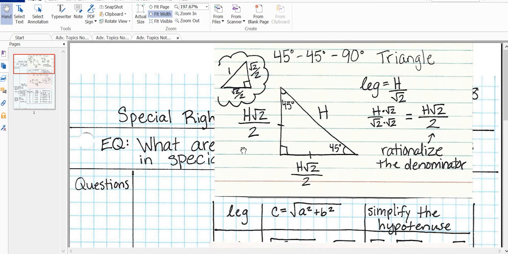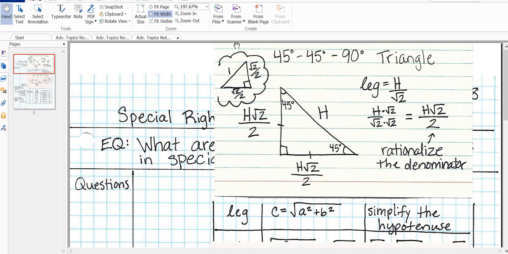And then from there, once you have this formula, again, you can plug in any number for h and solve for your legs. So up in the little cloud up here, I said, well, what if the hypotenuse is 1? What would my legs be equal to? Well, 1 times rad 2 divided by 2 just leaves me with rad 2 over 2.